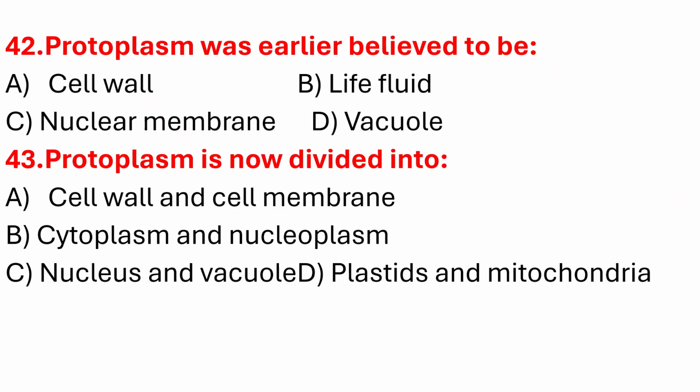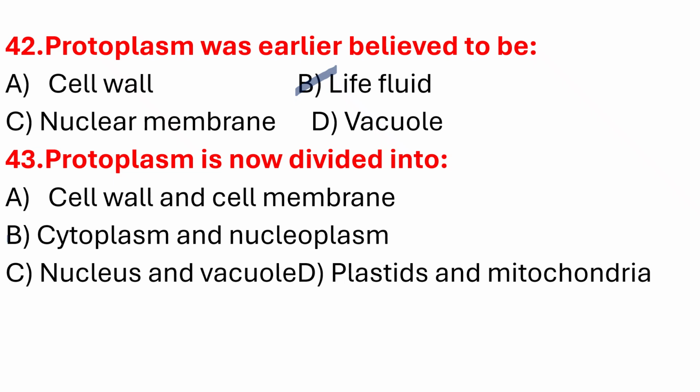Protoplasm was earlier believed to be cell wall, life fluid, nuclear membrane, vacuole. Option B. Life fluid. Protoplasm is now divided into cell wall and cell membrane, cytoplasm and nucleoplasm, nucleus and vacuole, plastid and mitochondria.